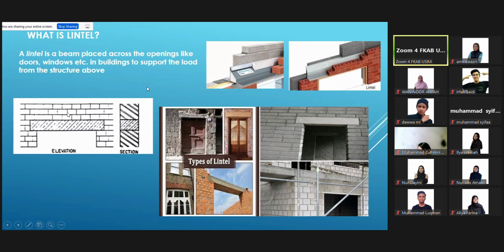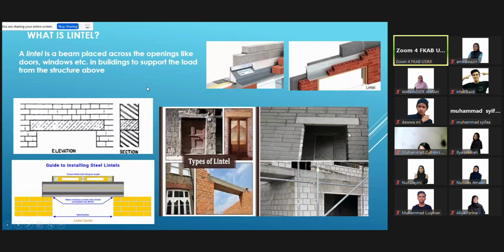Without lintel, the weight of the beam above the opening will be transferred to the window frame. The door frame and window frame cannot take the load. They are just there to get the frame into size so that the door or window can be easily constructed. So with some of the images here, the lintel has to extend out to the wall so that it has support. This is specifically to protect the door and window below the so-called lintel beam.